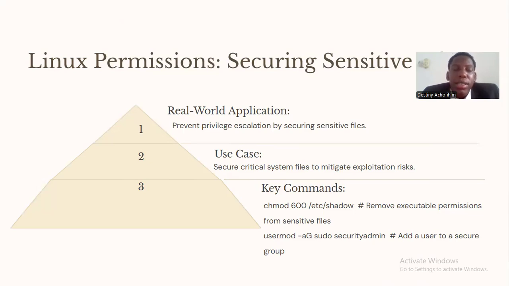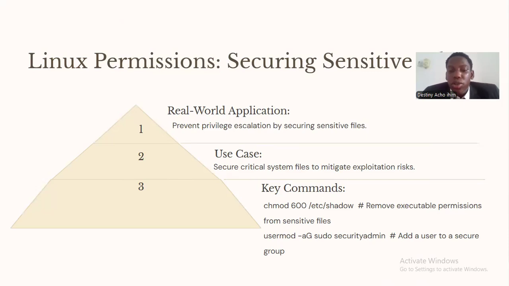Permissions are divided into three things: you can be the user, you can be in a group, and you can be others. And there are three key permissions: R, W, and X. That's read, write, and execute, and all of them have numbers assigned to them. Read is 4, write is 2, and execute is 1.